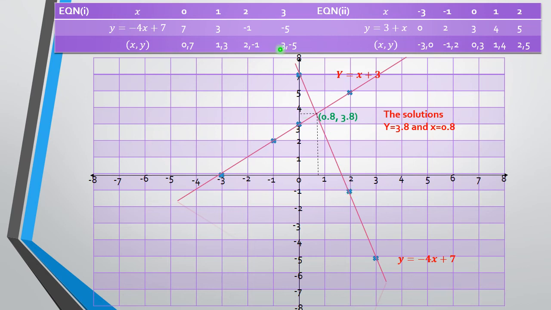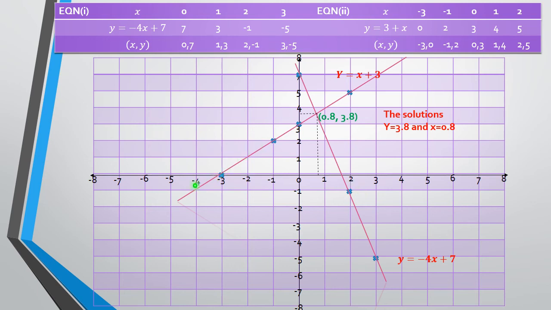So the next one remaining is 3 and negative 5. So we get 3 here for x and negative 5 here for y. So that is the line y is equal to negative 4x plus 7, or y is equal to 7 minus 4x, which is just the same, just that I have written negative 4x first.